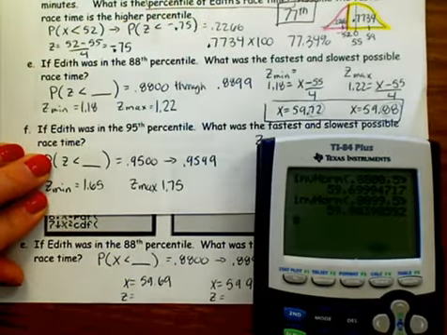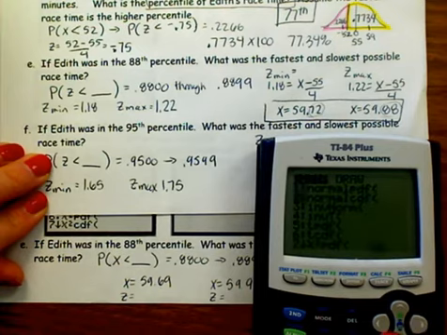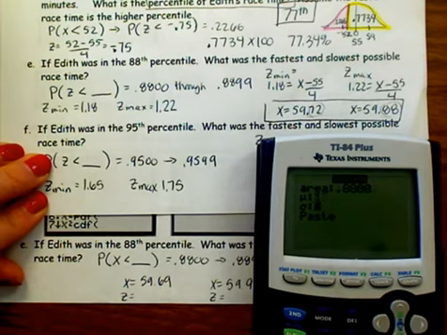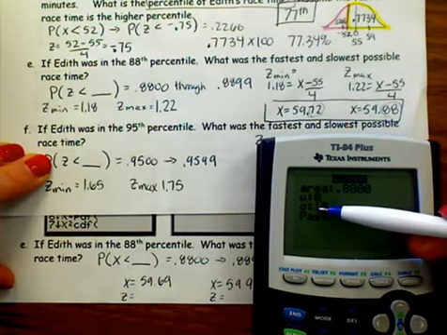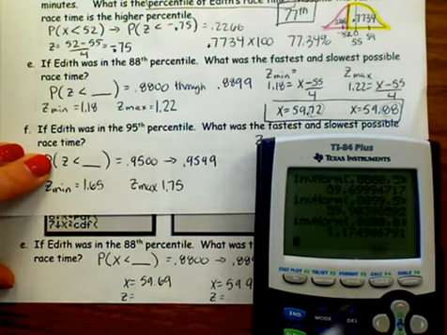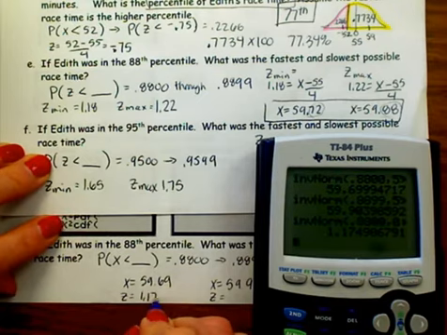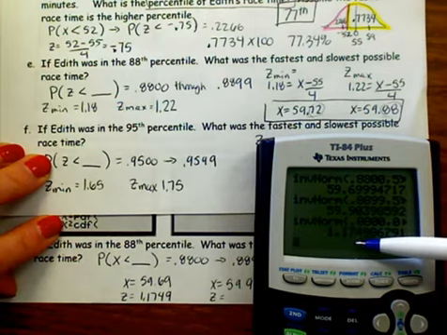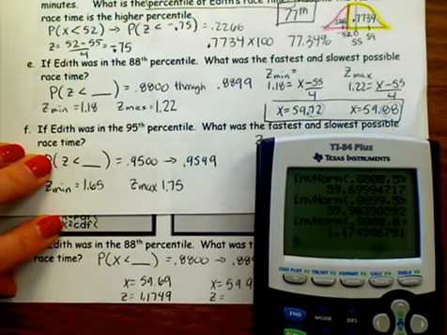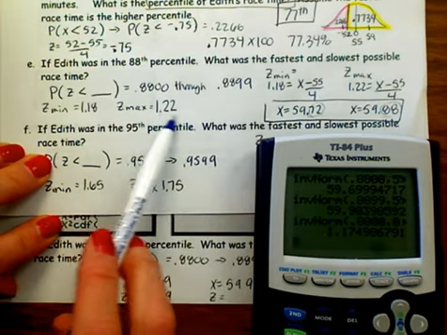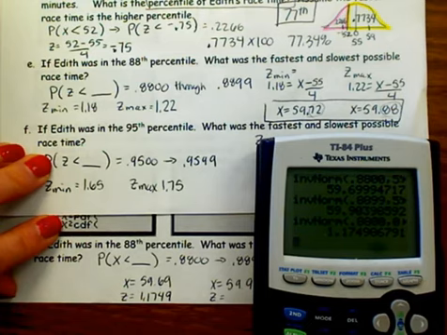Second VARS, inverse. Let's do 0, 0, and let's return z-score. If you pick a mean of 0 and a standard deviation of 1, automatically a z-score will be returned. Now notice that your calculator does more than 2 decimal places for a z-score, which is why these numbers are slightly different from the ones that you found in the table. The table is limited to 2 decimal places, whereas your calculator is not.